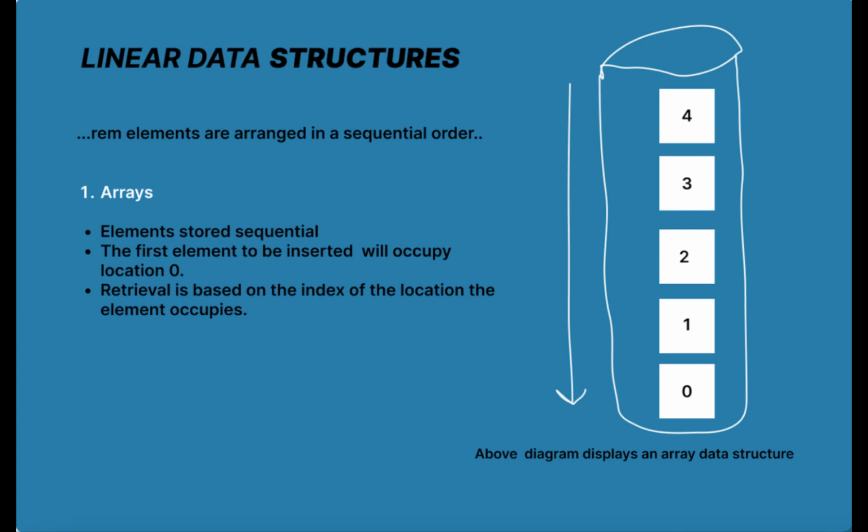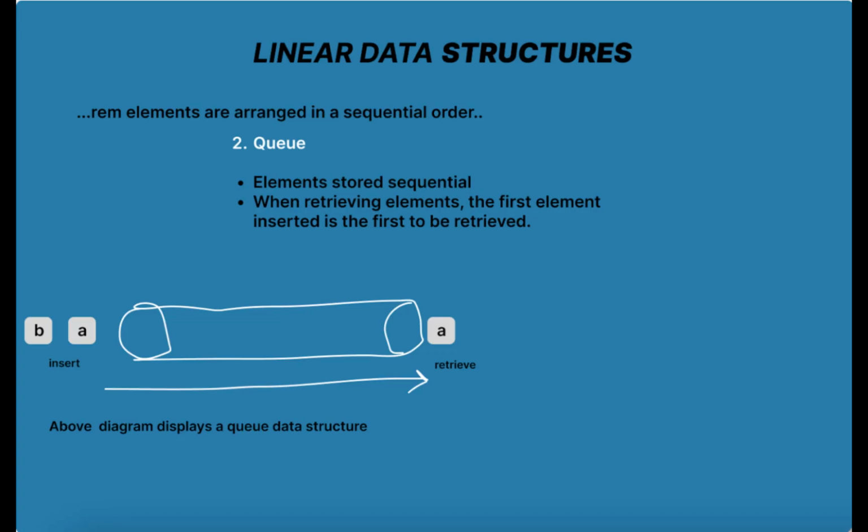Also, if we look at queues, we see that there is an order in which we insert or retrieve elements. What do we use in a queue? Is it LIFO or FIFO? No, we use FIFO in a queue. The first element is the one that will be retrieved first.